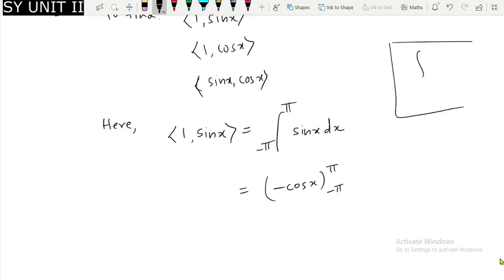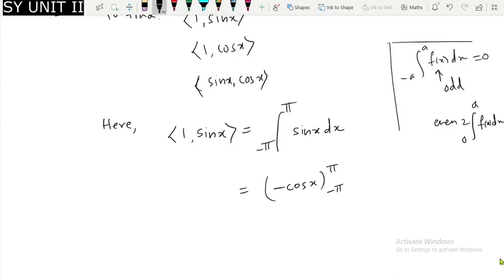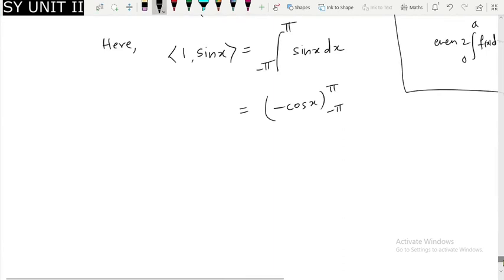If you have an integration from minus a to a of f of x dx, and if the function is odd, then this integral is directly 0. And if the function is even, then it is twice the integration from 0 to a of f of x dx. So if this formula is known to you, you can use it and calculate. As you know that sine is an odd function, whatever you do, you are going to get 0 only.